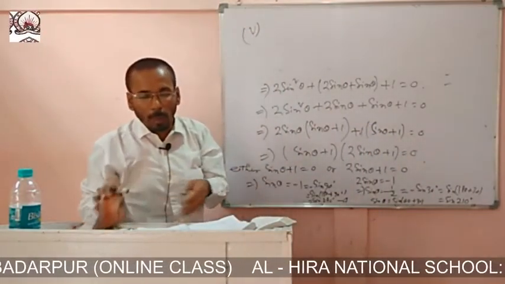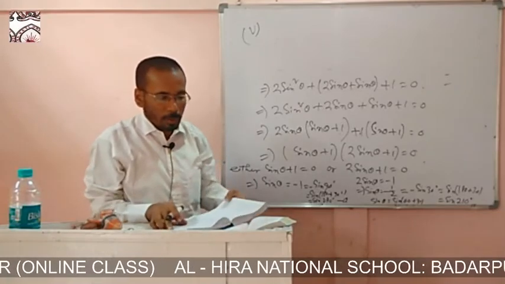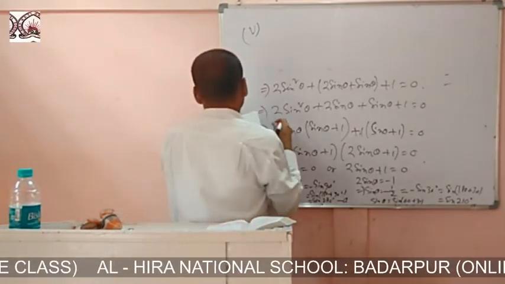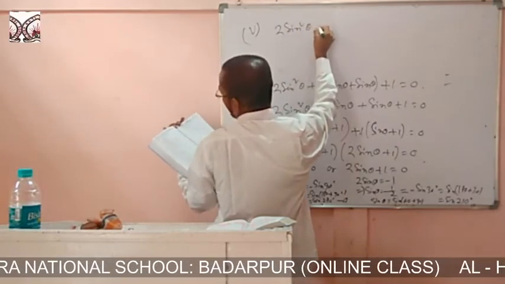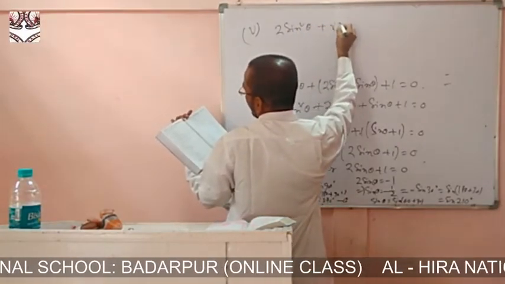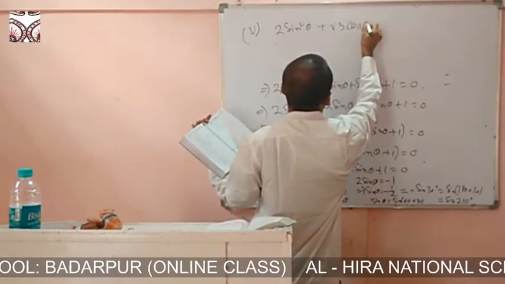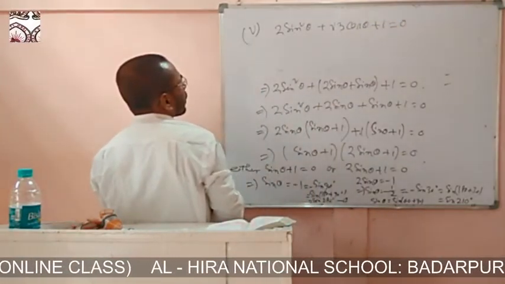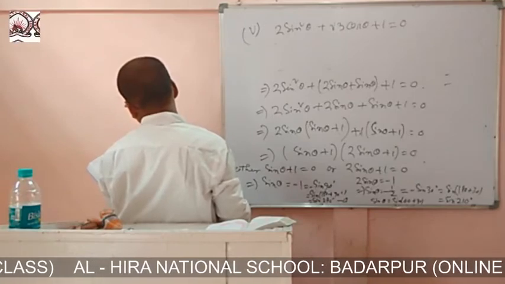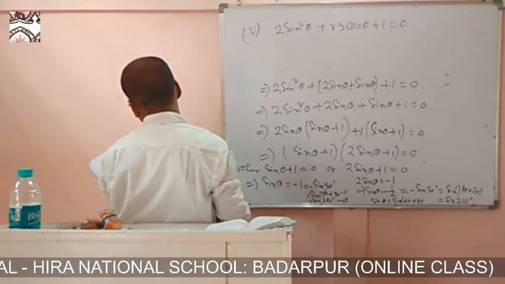Question number 5, twice sin square theta plus root 3 cos theta plus 1 is equal to 0. So this is twice sin square theta and root 3 cos theta.